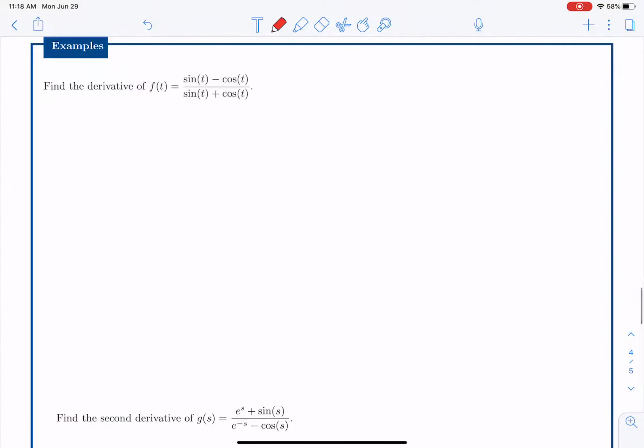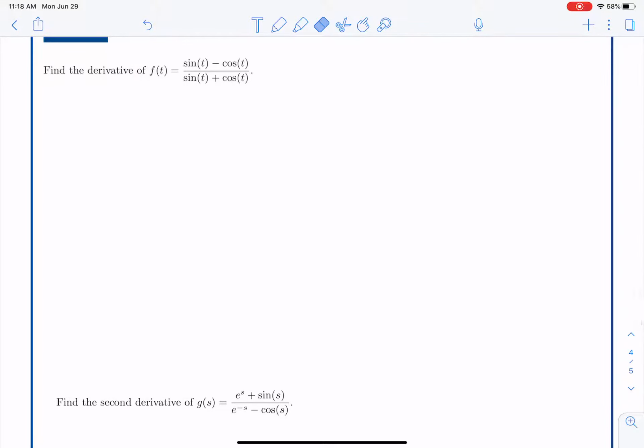So here we have one function divided by another. So we have to use quotient rule. I'm going to call that u and that v. So u is sine t minus cosine t. V is sine t plus cosine t.